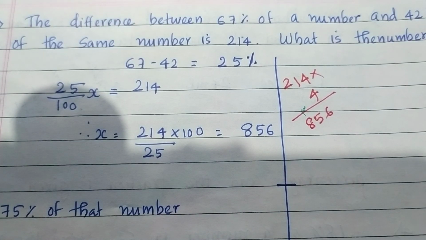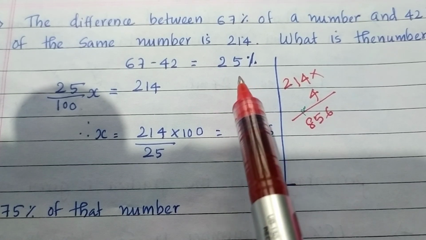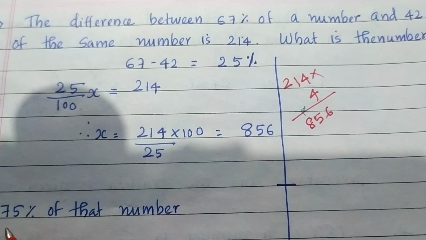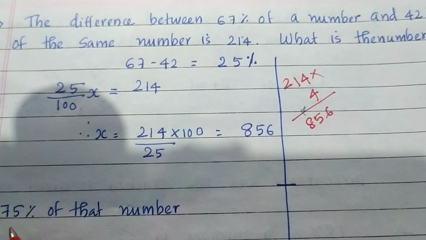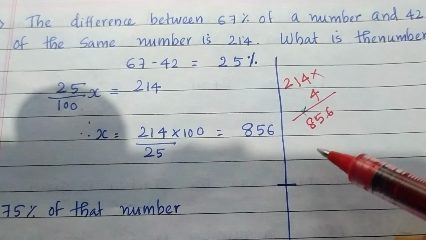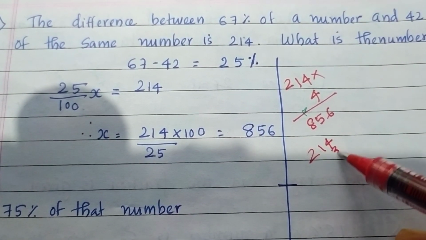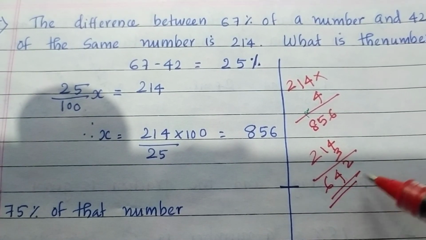So what if the question was 75 percentage of that number? How do we find 75 percentage of that number? We can easily find it out, because 25 into 3 is 75. So to get 75, we have to multiply 25 with 3. So to find the 75 percentage, we have to multiply 214 with 3, which is equal to 642.